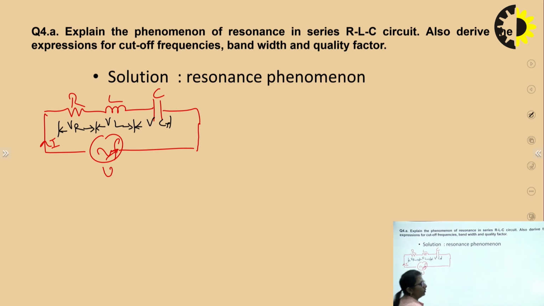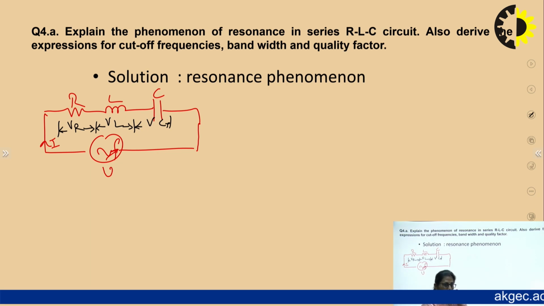Now if I represent all these quantities in a phasor diagram, what should be the reference phasor? The reference phasor should be the quantity which is common to all the 3, and the quantity common to all the 3 is current. So let's take the current as the reference phasor. Where should VR be?